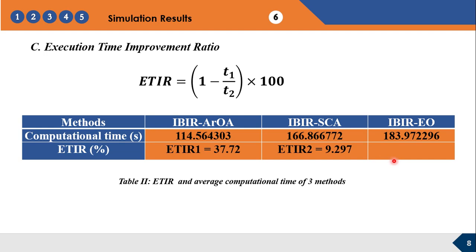We therefore deduce that intensity-based image registration using the Archimedes optimization algorithm is better than using the sine-cosine algorithm, which is better than the equilibrium optimizer.